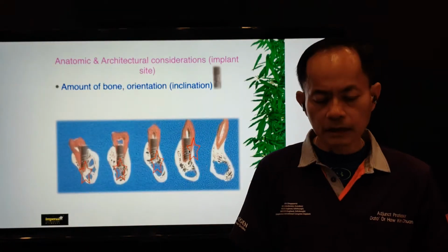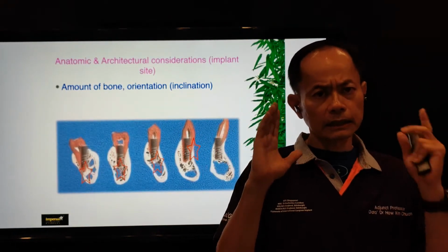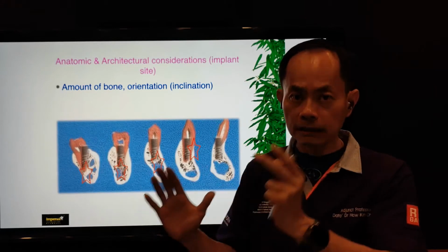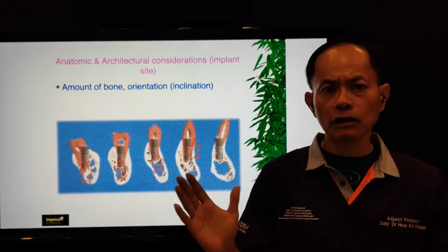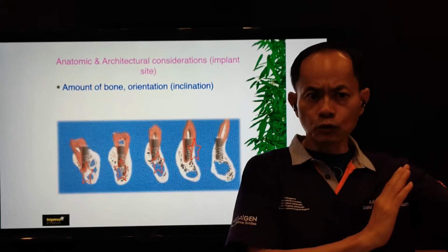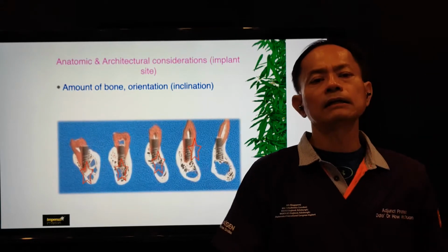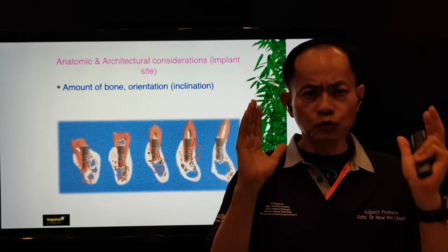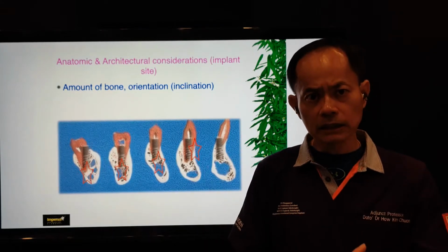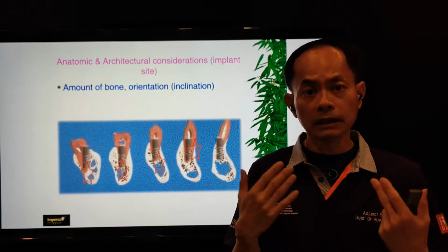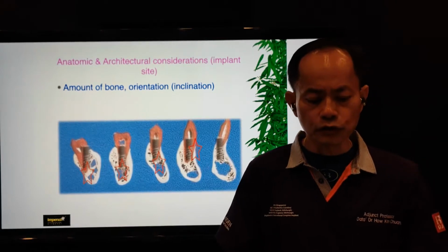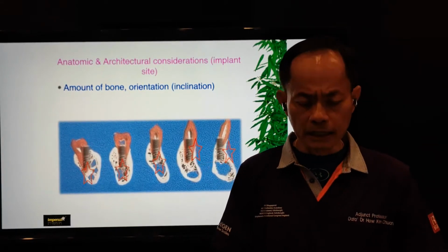Therefore, how we look at it in 2D and 3D will be totally different, because there's a third dimension which we cannot see. It may be too inside, too near to the tongue, or too near to the cheek, or too near to the nerve, and that is not visible from the model or from the X-ray. So we need 3D.